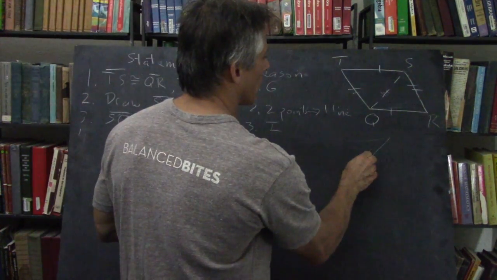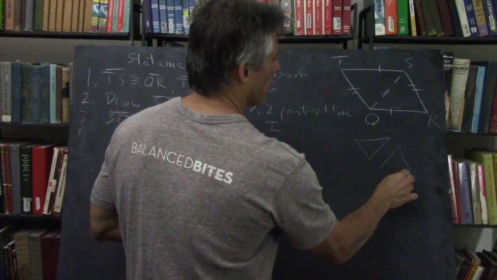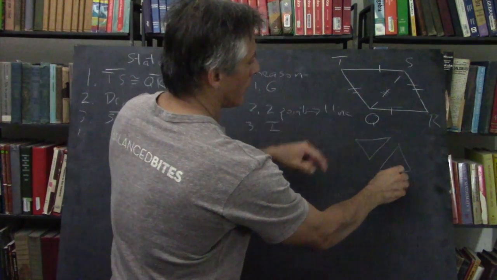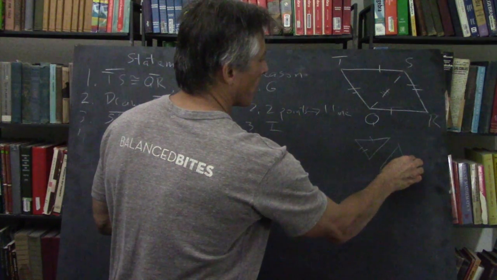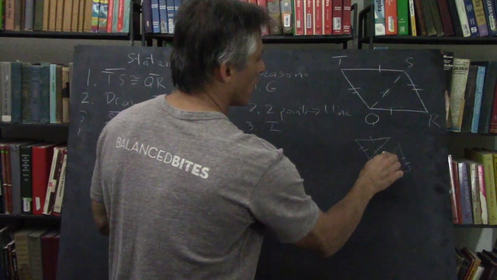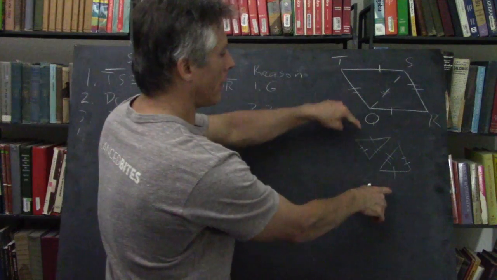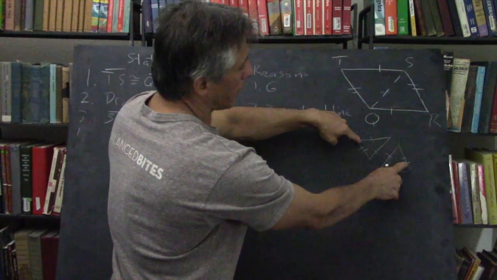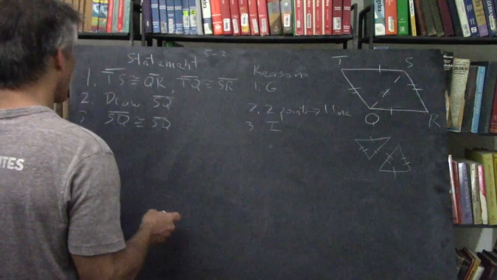If we broke it out, one here, so we got by side, side, side, a pair of sides, another pair of sides, and a third pair of sides.